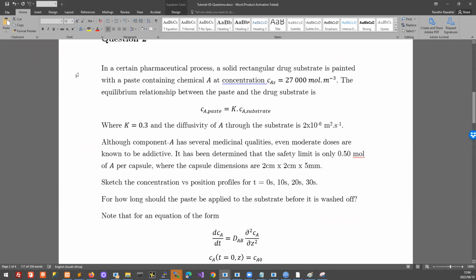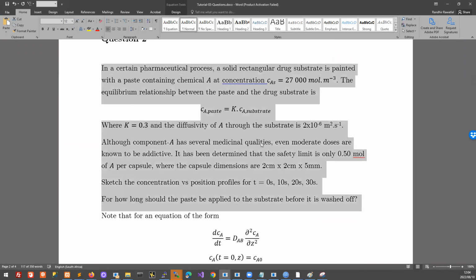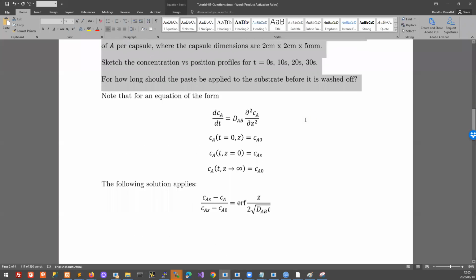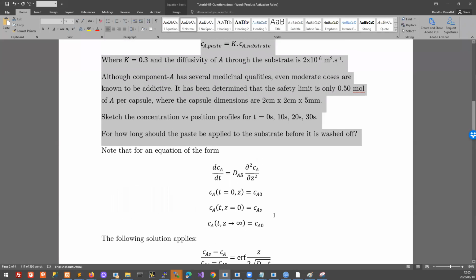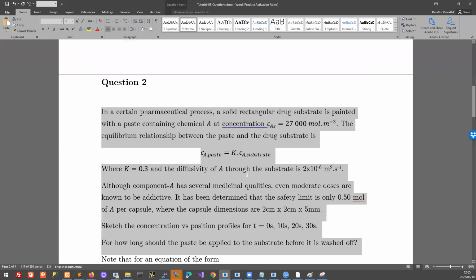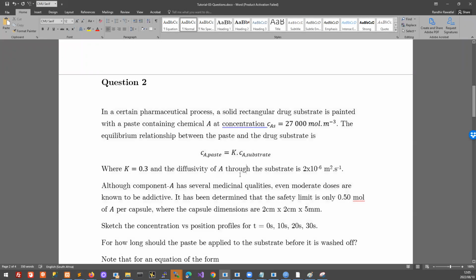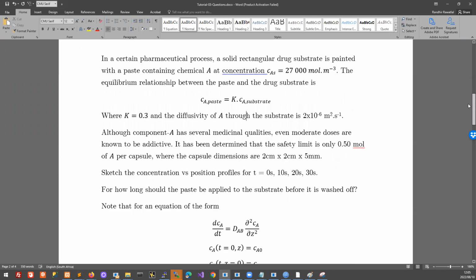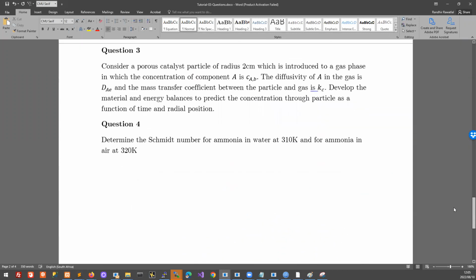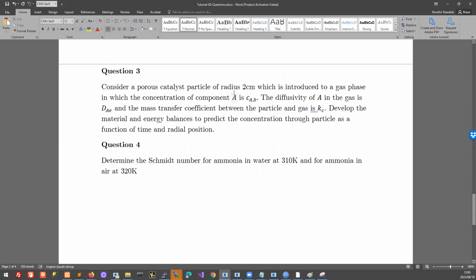And this one has us thinking a bit more about diffusion through spaces and interacting with surfaces and so on. So see if you can derive an expression for the concentration as it varies across your particle. That's your question 2 there. And then also look at deriving the expression across the radial positions as well.